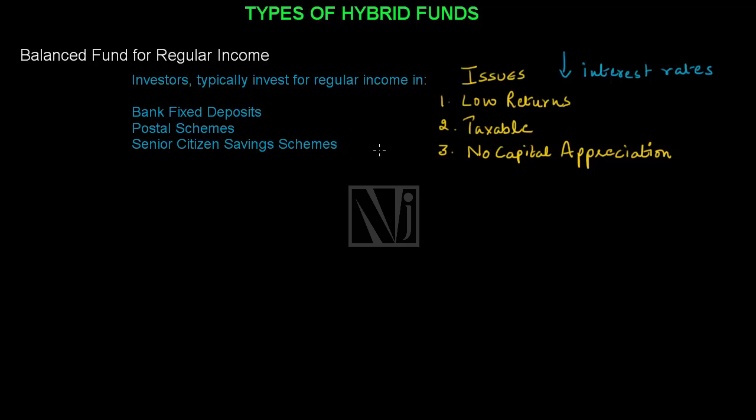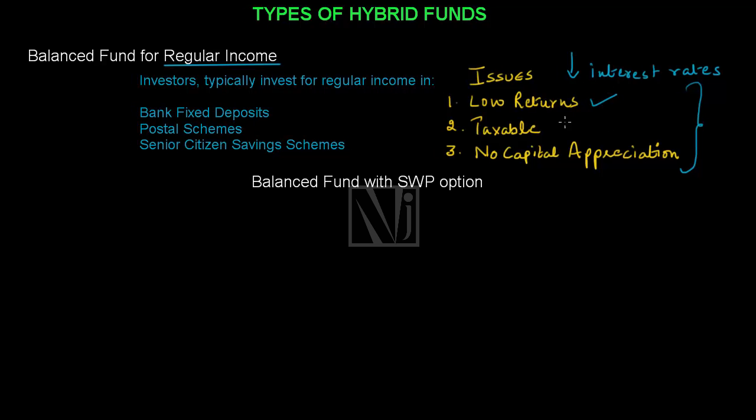A balanced fund provides an incredible counter to these traditional investing instruments with its SWP option because it provides regular income as well as takes care of all these issues. A balanced fund provides significantly better returns than these traditional investing options. These returns are tax efficient, and lastly, it provides the investor's investment an opportunity to grow.